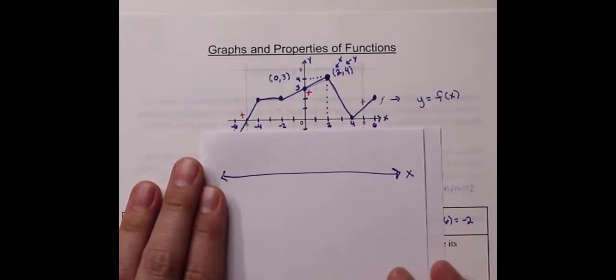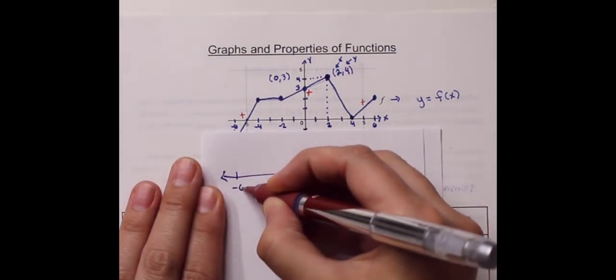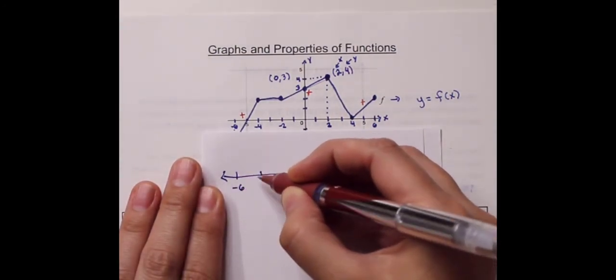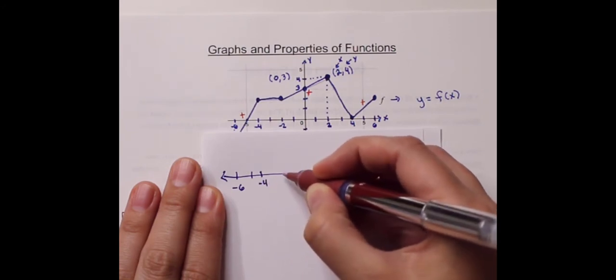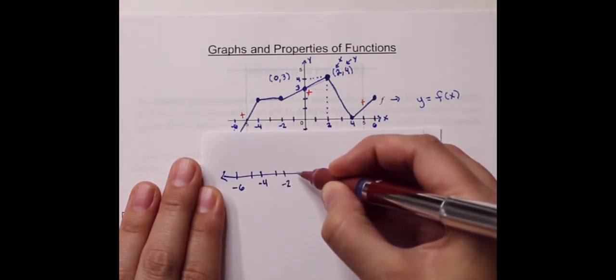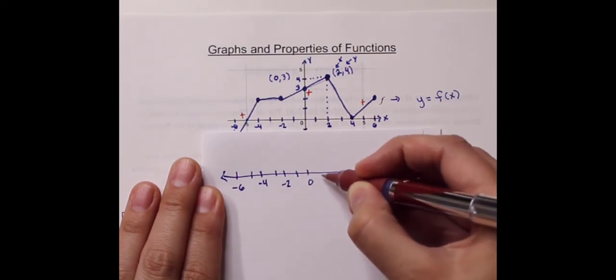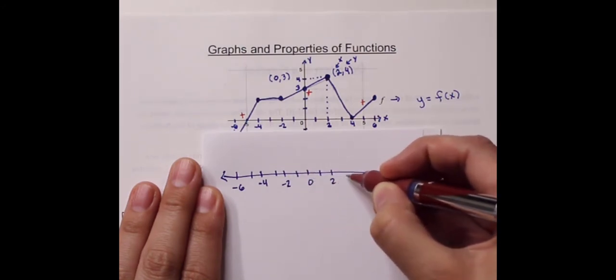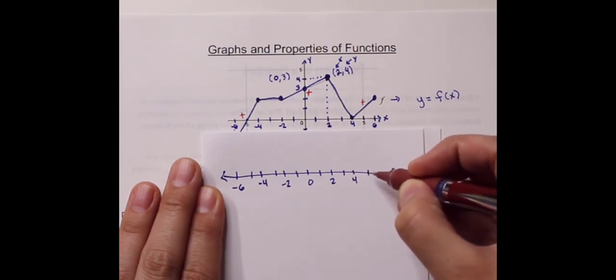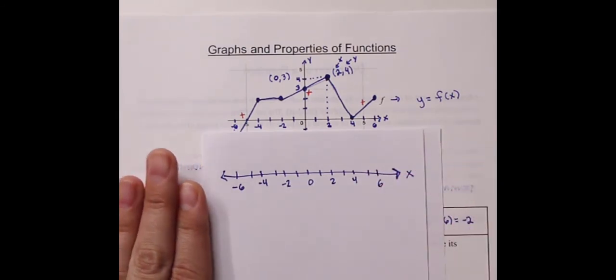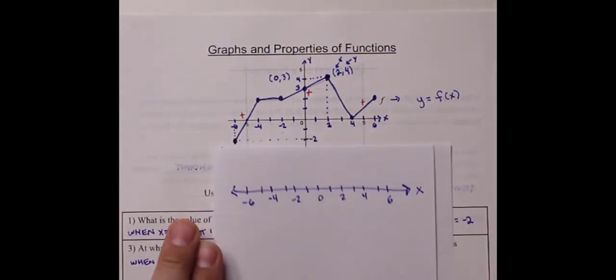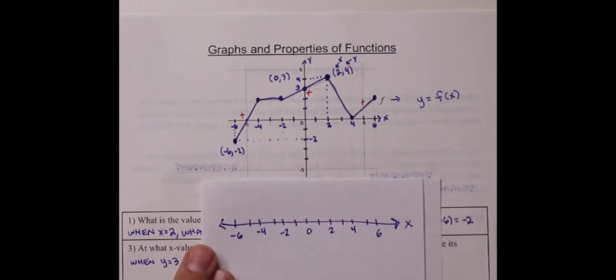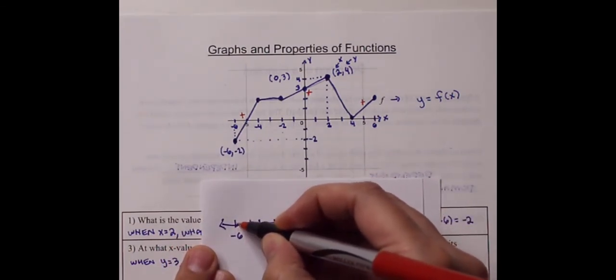If I kind of copy my x-axis, I have -6, -5, -4. I'm only labeling the points that I kind of need to focus on. -2, let's put 0 there, 2, 4, and 6.